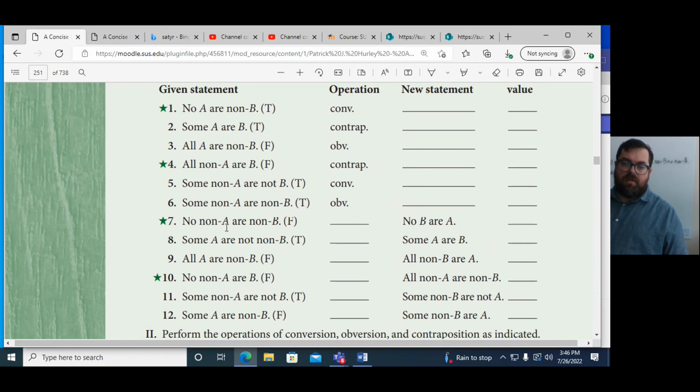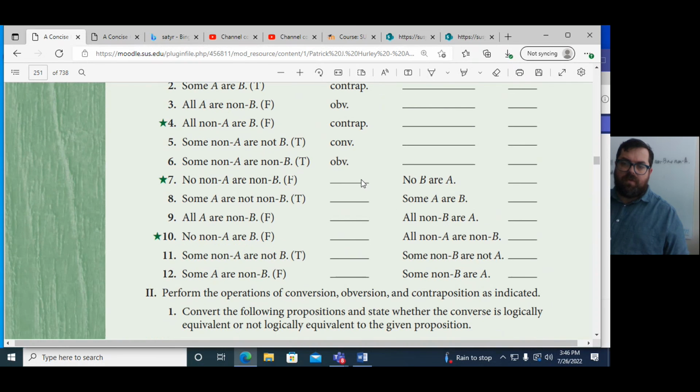And then for the new one, you're supposed to see what the operation is given what they did to the statements, right? So for number 7, no non-A or non-B, they switch them both and then they do no B or A. So this is another hint: if you have non-nons, you could just write the B, right? But for number 7, hopefully you see what this is.